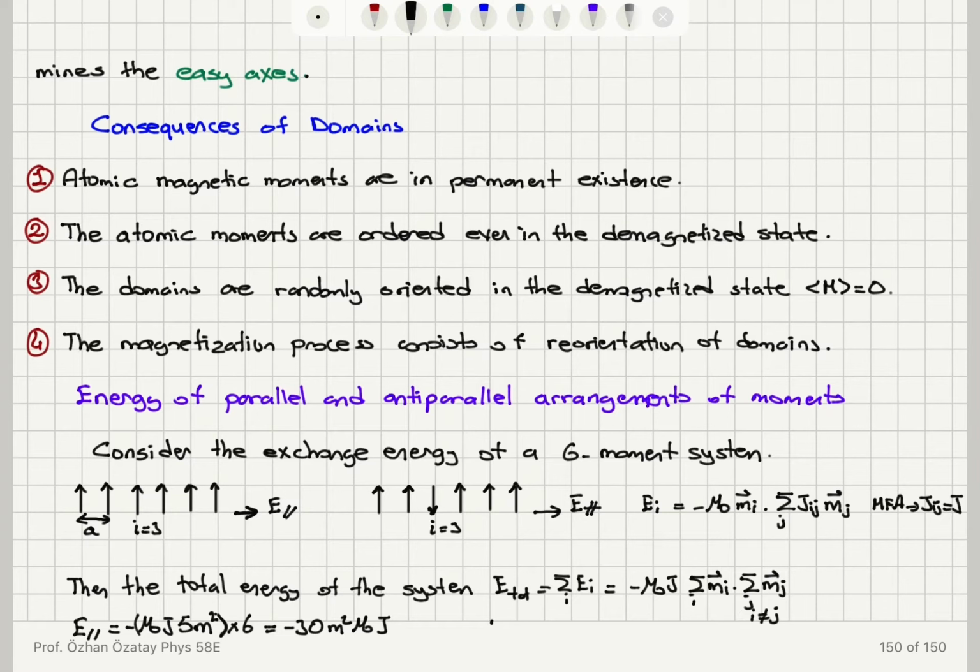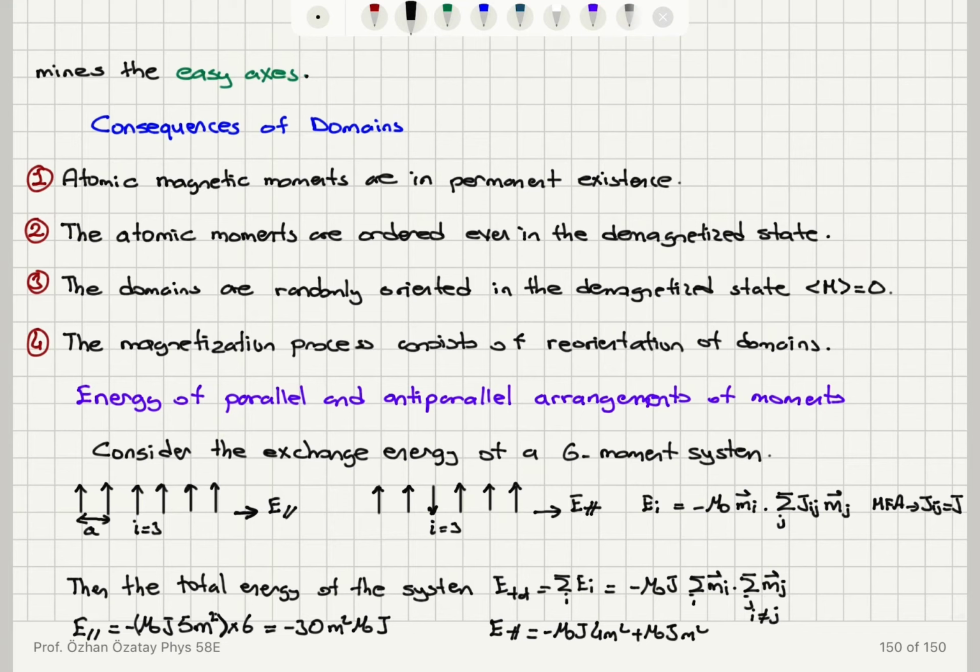For the anti-parallel configuration, when I calculate the exchange energy, I'm going to write for the first moment, so let's do this one by one. I will have minus mu 0 J, and I'm going to have m squared 4 times, so 4m squared, because there are 4 moments pointing in the same direction. And then for one of them I will have plus mu 0 J m squared.